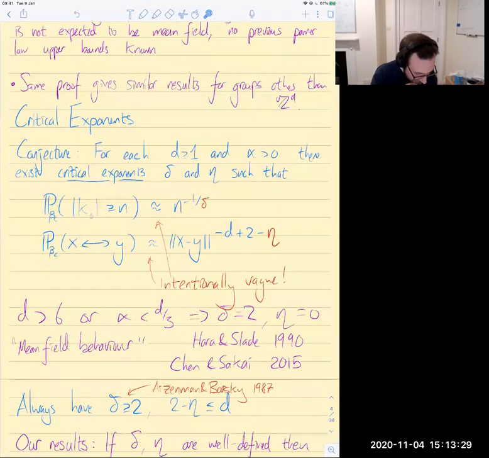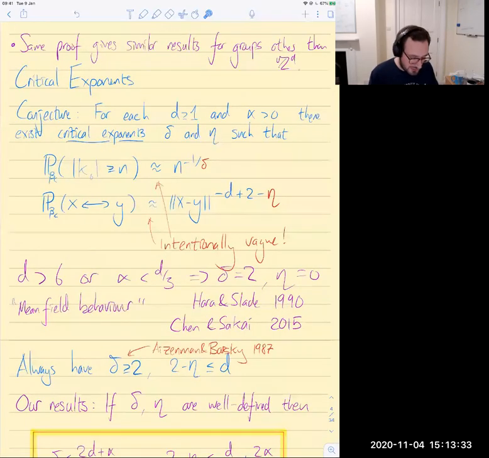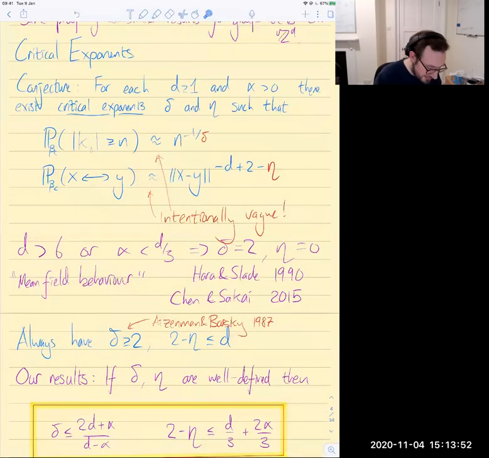Okay. So let me now interpret this result in terms of critical exponents. Most of us know that when you have these critical statistical mechanics models, you expect them to be described by some sort of critical exponents. So two particular ones that we might look at here, for percolation, there's delta and eta, among many others.